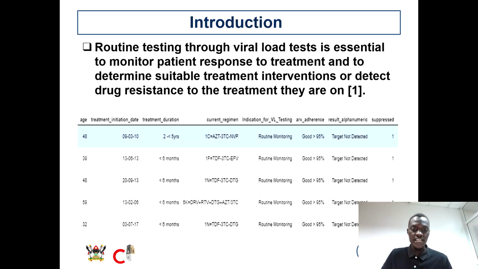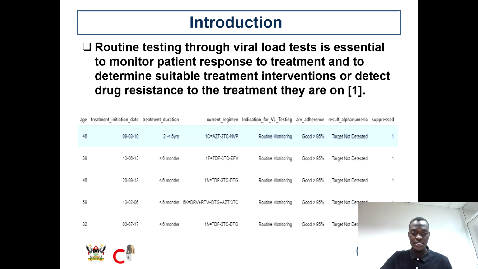So in brief, HIV, the human immunodeficiency virus, is the pathogen that causes AIDS, acquired immunodeficiency syndrome, an incurable disease that affects our immune system as humans.